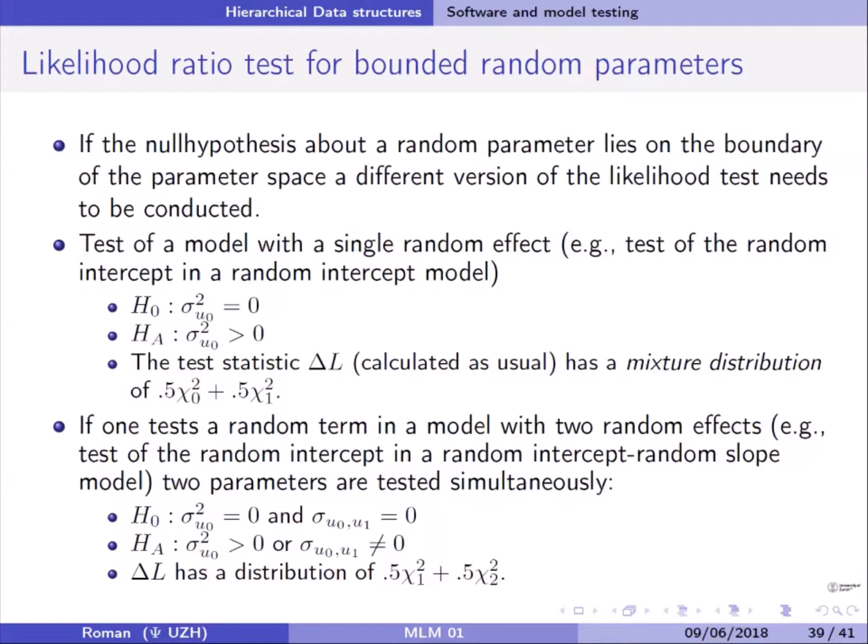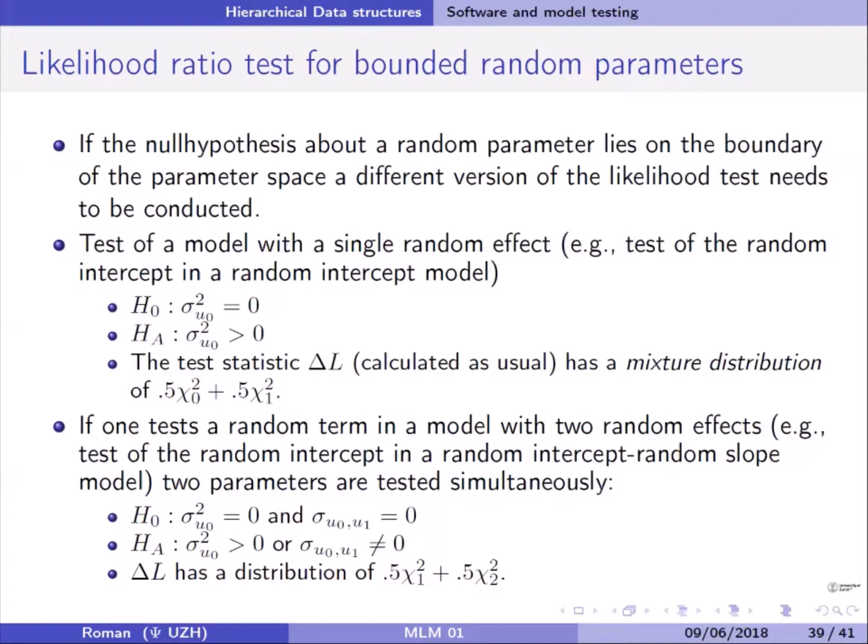So the test statistic, delta log likelihood, has a mixture distribution and it has a weird shape. It has a 0.5 chi-squared, 0.5 chi-squared distribution. So it's an odd test. We're simply taking the chi-squared value of the unrestricted and the restricted models, multiplying them by 0.5 and summing them.